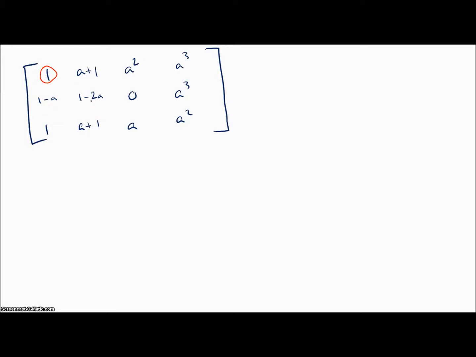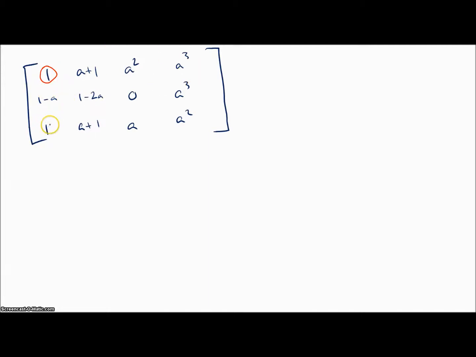You can always swap one row for another. So I could put this row down at the bottom and take this row and put it at the top. You can multiply by a number, so I can multiply through by 2 and negative 2. And then the last one is you can replace a row with a linear combination of two rows.